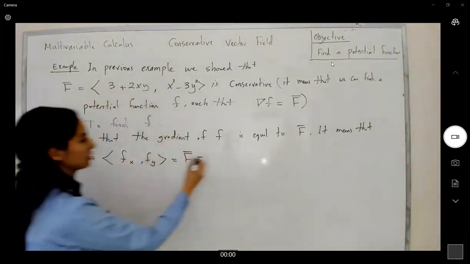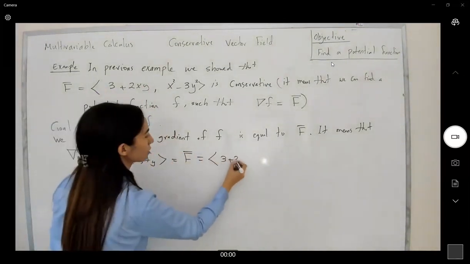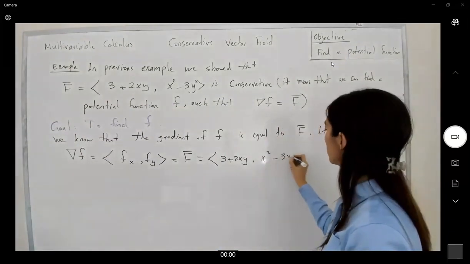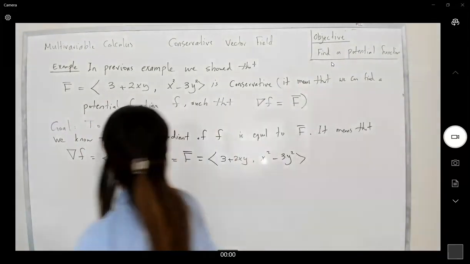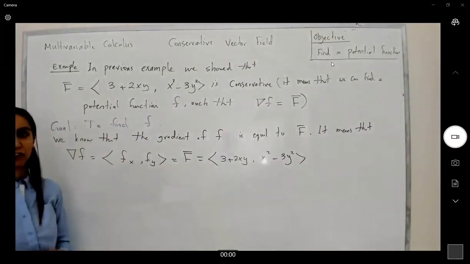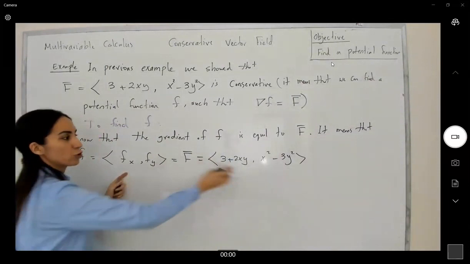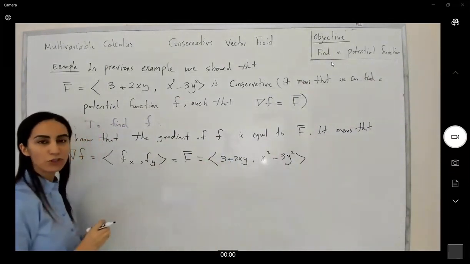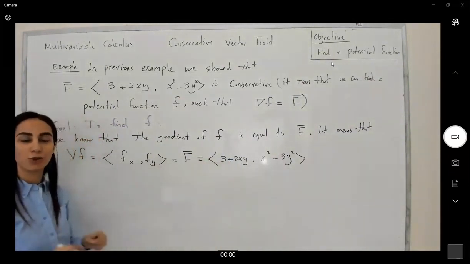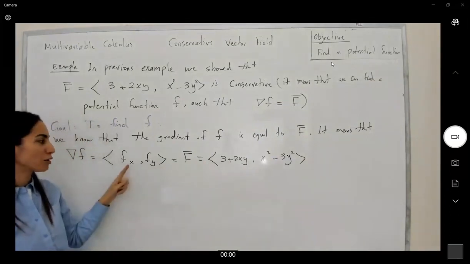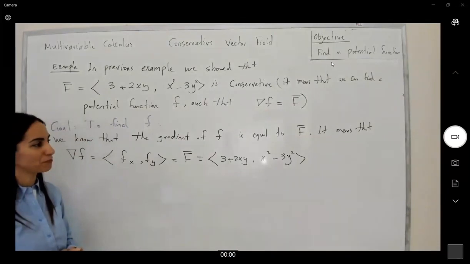This is your function: (3 + 2xy, x squared minus 3y squared). Very well. We're going to use each equality between components, because you have two vectors that are equal to each other, and try to build our function f.